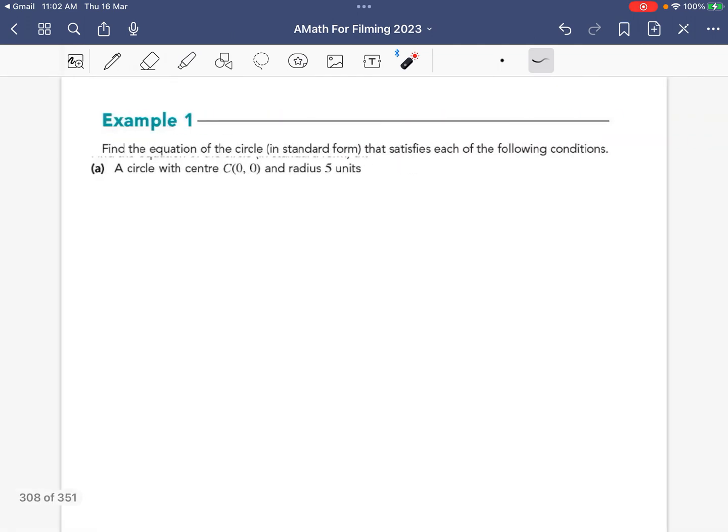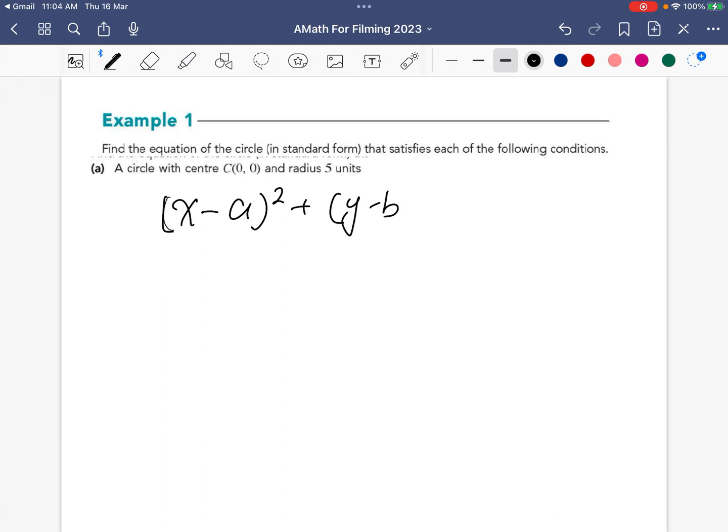So now let's go on to example 1. We have a circle with a center of (0, 0) and radius 5 units. If I bring you back to the previous slide, we learned that the equation of a circle is (x minus a) squared plus (y minus b) squared equals r squared.